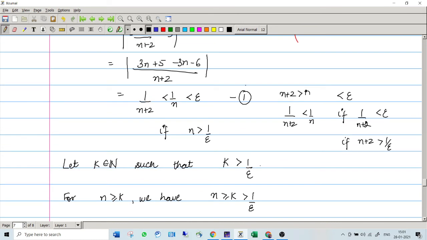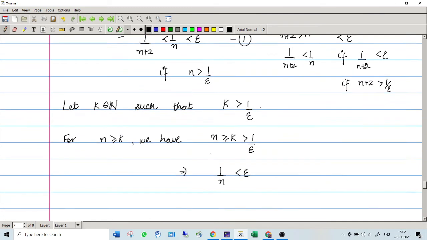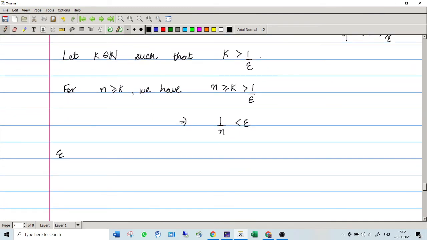So using equation number 1, what do you have? You have that this difference is less than epsilon for every n greater than or equal to that particular k which we have spotted right now. So inequality 1 implies that the difference (3n plus 5) upon (n plus 2) minus 3 is less than epsilon for every n greater than or equal to this particular k.